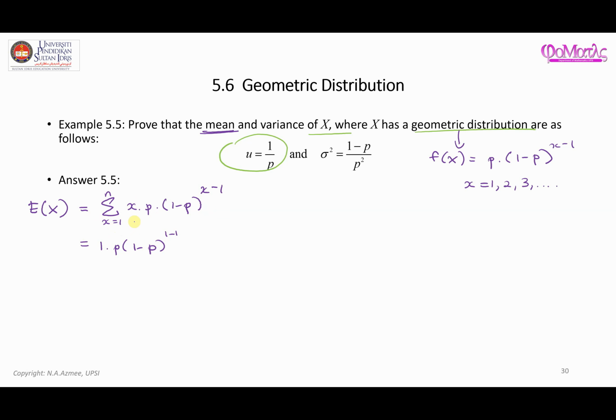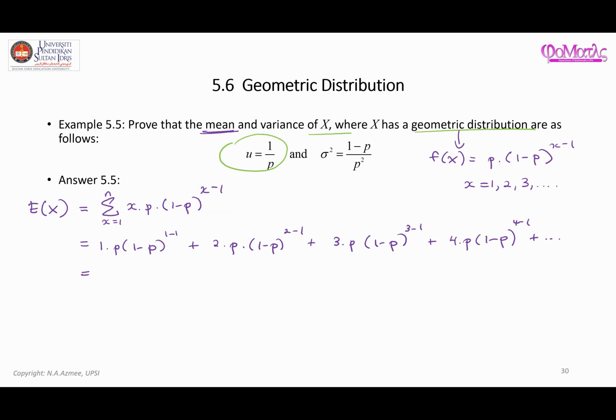Then you continue substituting the next value, x equals 2. So you've got 2 times p (1 minus p) to the power of 2 minus 1, and you keep on doing it for several more terms. We go to 3, so 3 times p (1 minus p) to the power of 3 minus 1, and then maybe we can go on for another term before we stop, just to see the pattern. So we've got 4 minus 1 plus dot dot dot, and maybe we can try and simplify what we've got here.